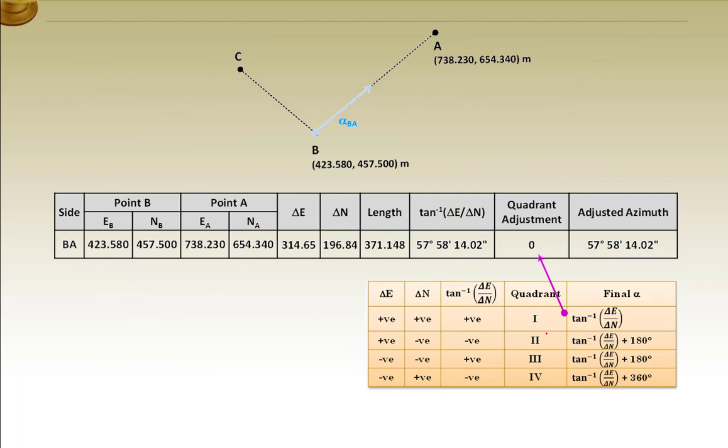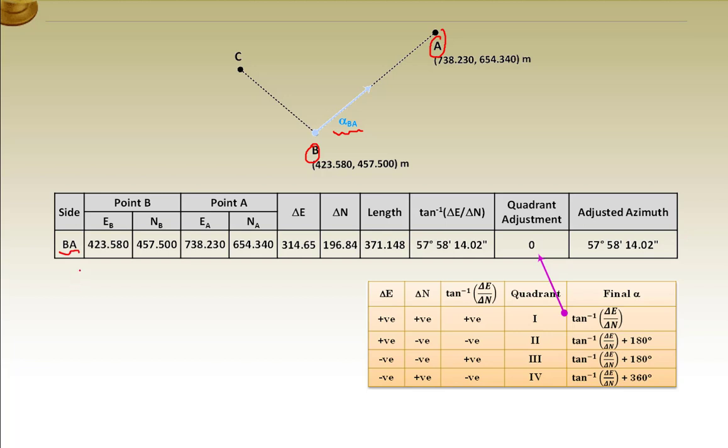So look at the problem again. We can see that we are given A coordinates and the B coordinates. So once we have the end coordinates, we can find the azimuth of line BA. How? We took it before in chapter 2, and we have used this table before.